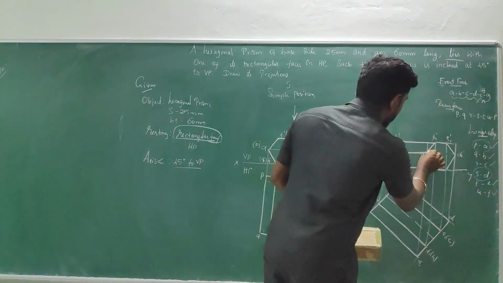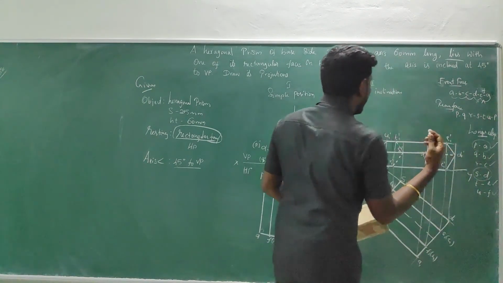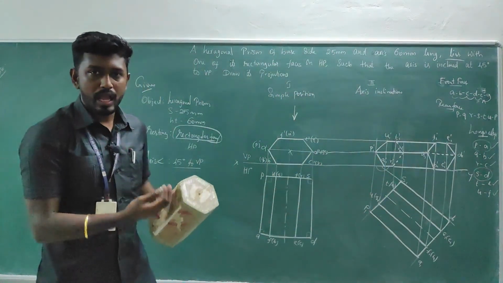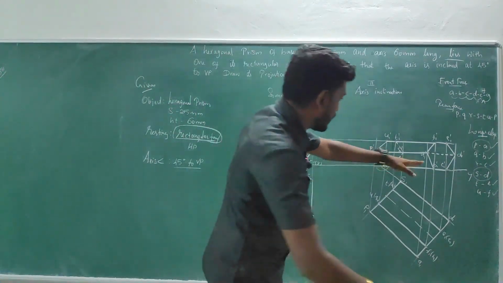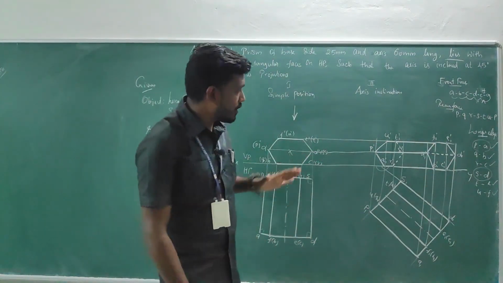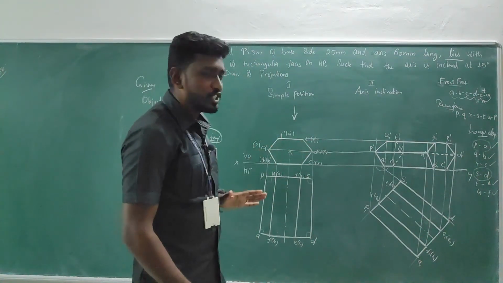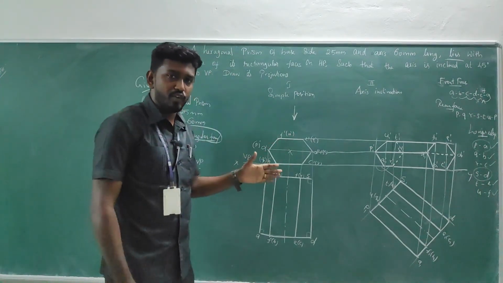The remaining portion should be taken with a dashed line. When you have both dark line and dashed line, preference is given to the dark line. So the portion which is uncovered, I have taken as a dashed line. So this is how we have to conclude this shape. I hope you understood how to form the final front view and final top view.